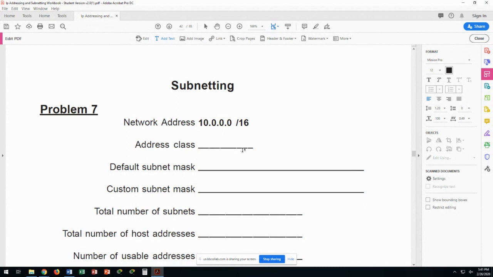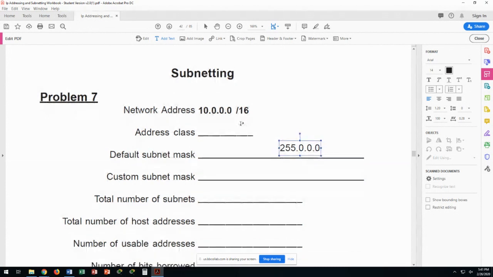Because this, 10.0.0.0 is what class? A, right? How many bits do we have to borrow? 24, because it's a class A. Our subnet mask is 255.0.0.0. We have 3 zeros or host bits, so octets, so there's 24.